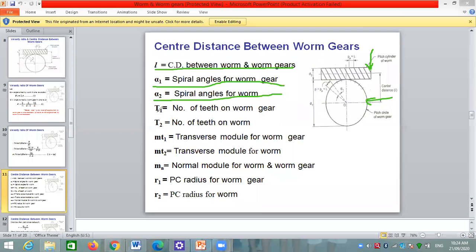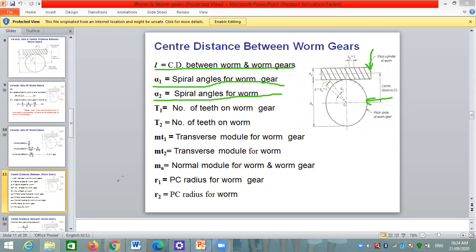Then T1 is the number of teeth on a worm gear. T2 is the number of teeth on a worm. Remember, in some books, instead of T1 and T2, Z1 or Z2 are also used, but the meaning is the same, that is, number of teeth. Then MT1 is the transverse module for a worm gear.